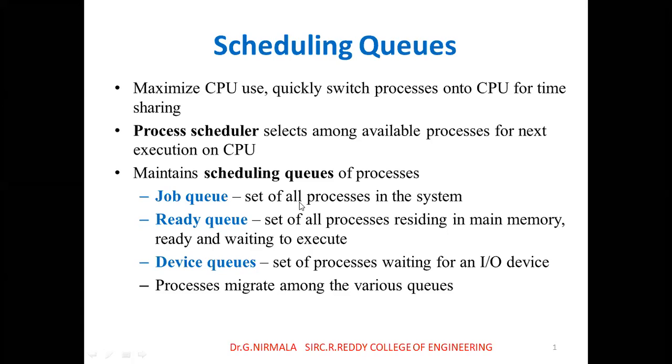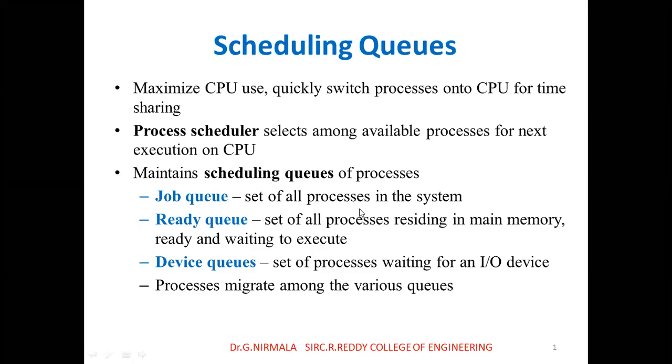The process scheduler selects among available processes for next execution on the CPU. For this scheduling, you have to maintain some queues. A queue is a linear data structure. Insertions are done from the rear end and deletions from the front end. It maintains 3 types of queues.